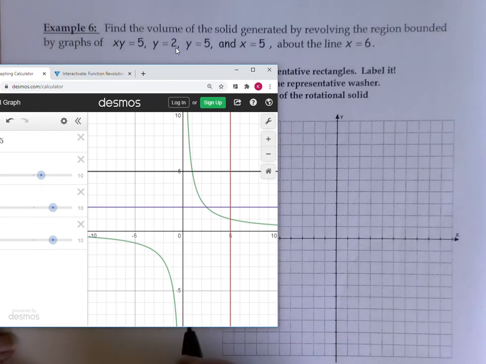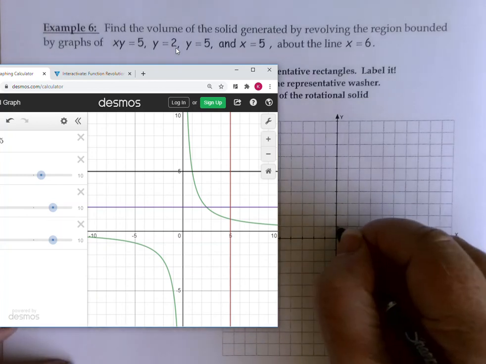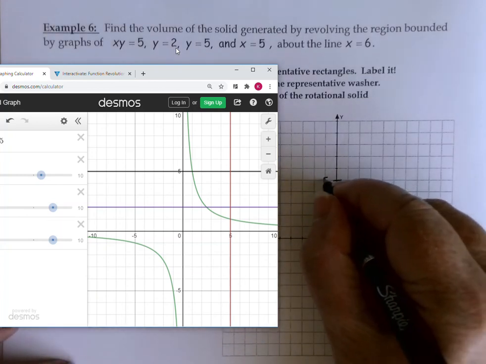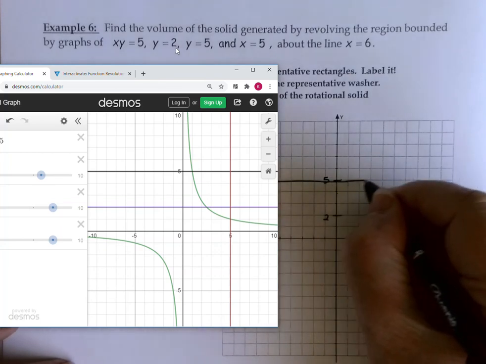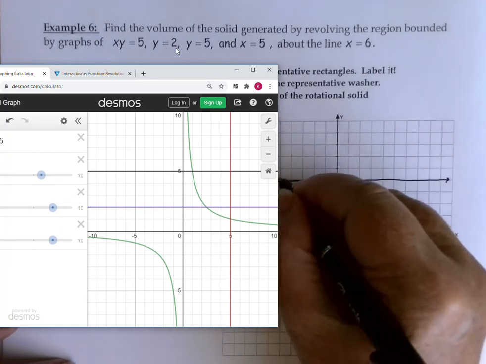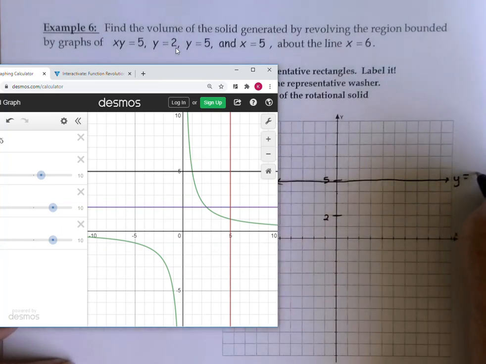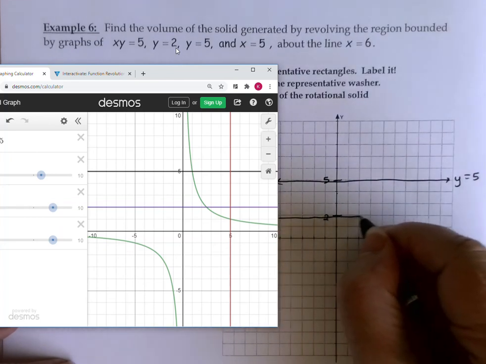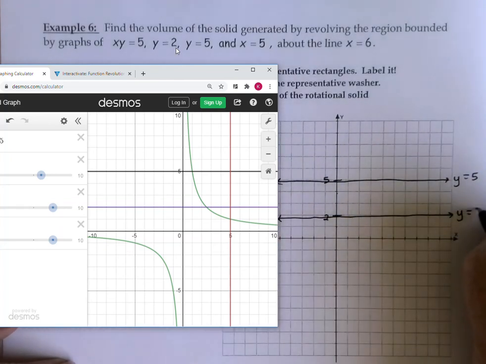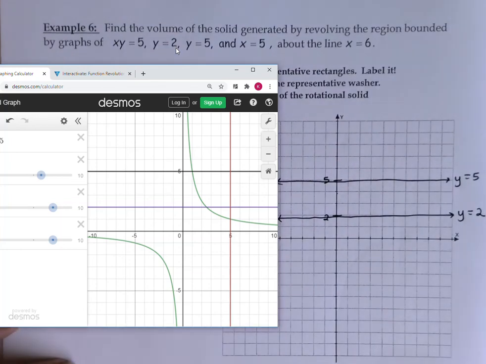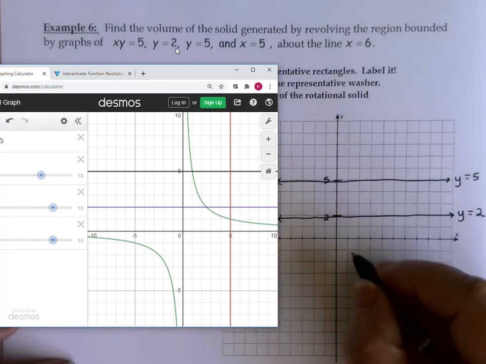We've got y equals 2 and y equals 5. Let's start with those. 1, 2, 3, 4, 5, 2. We've got x equals 5 over here.